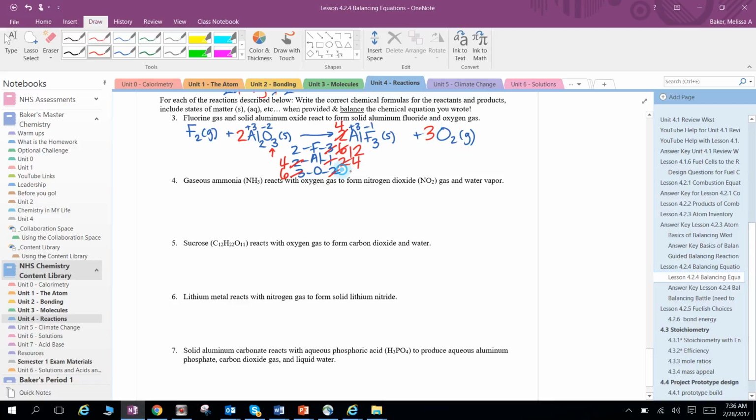I'm going to throw a 3 in front of my oxygen so that I've got 6 oxygen. And now that I've got 12 fluorines on the right side, I need to change this to 12 fluorines on the right. So now my numbers match. 12 and 12, 4 and 4, 6 and 6. My coefficients are 6, 2, 4, 3.